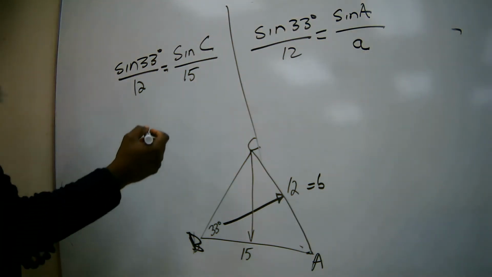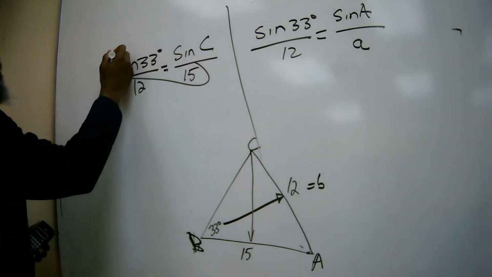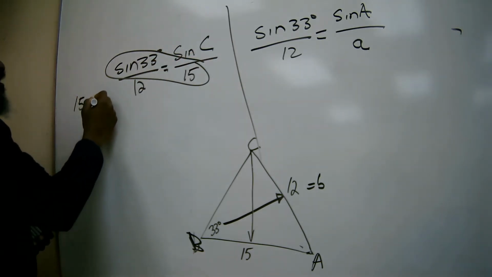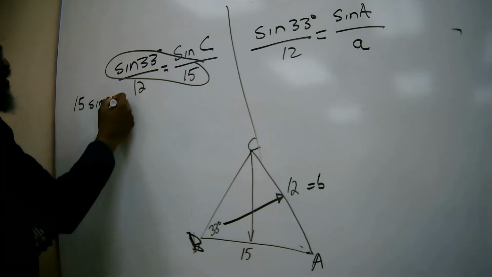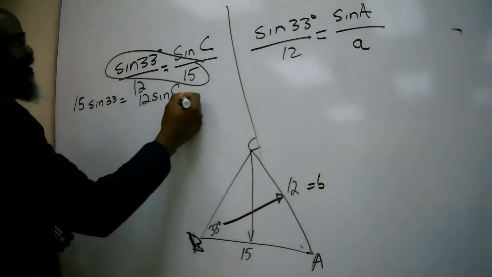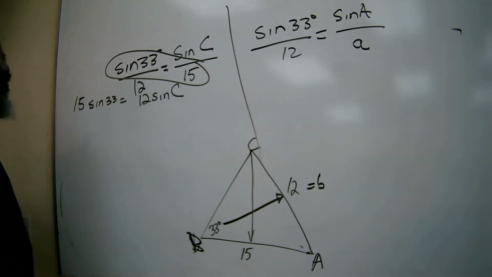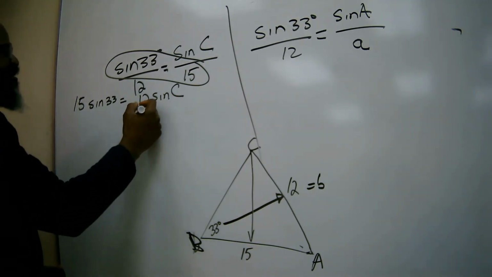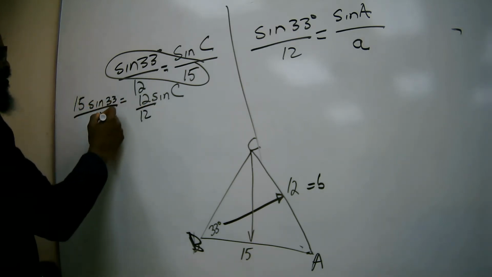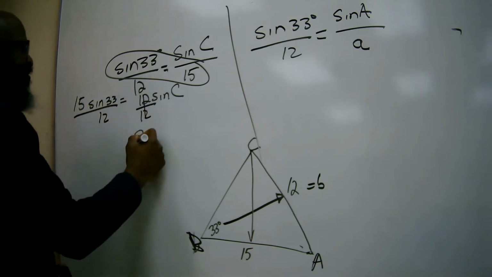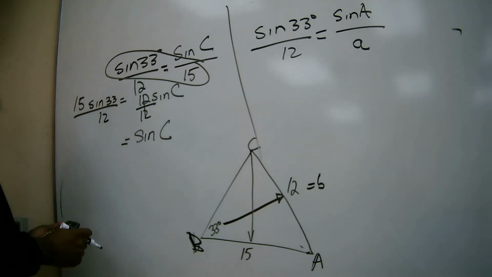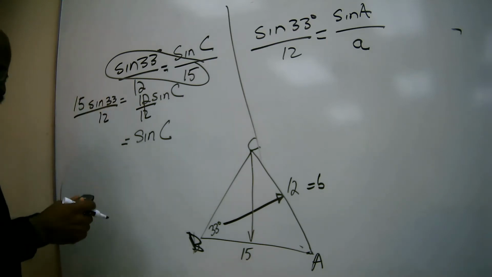In this case, we will cross multiply. Then we will end up with 15 sine of 33 is equal to 12 sine C. Okay. Remember, you're looking for angle C, you divide both sides by 12, then you will end up with that. Then you will have sine C is equal, then on your calculator you first find sine of 33.